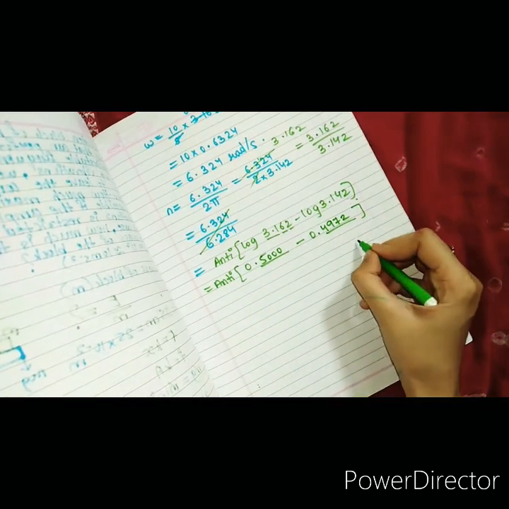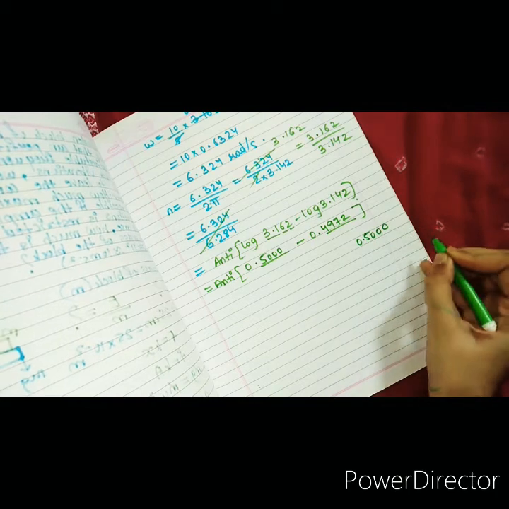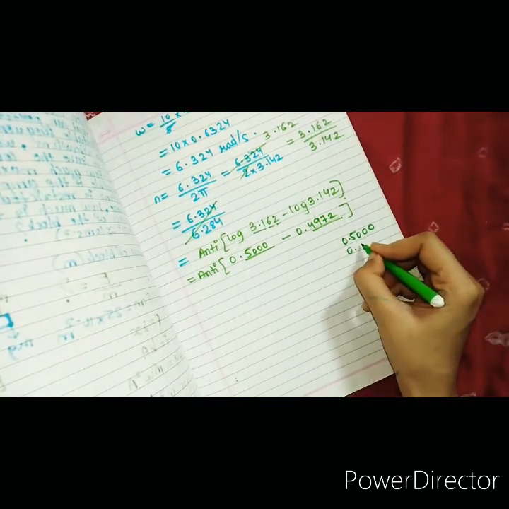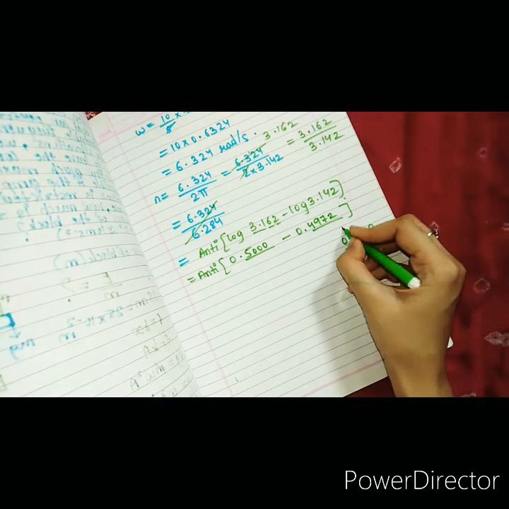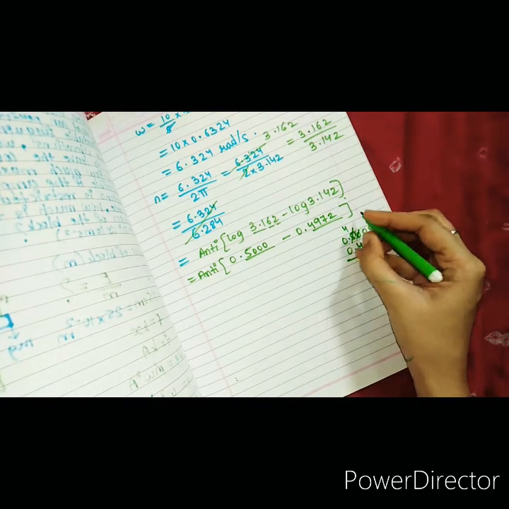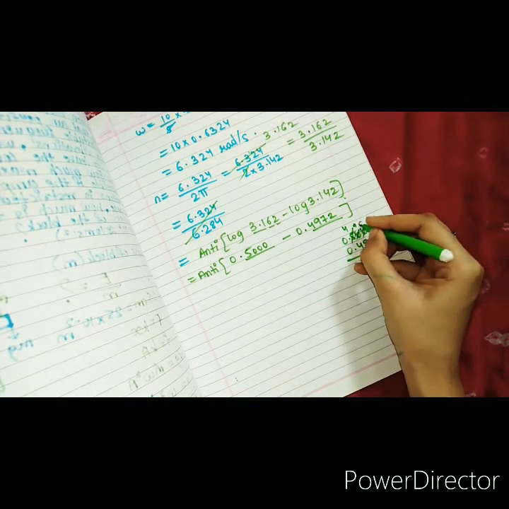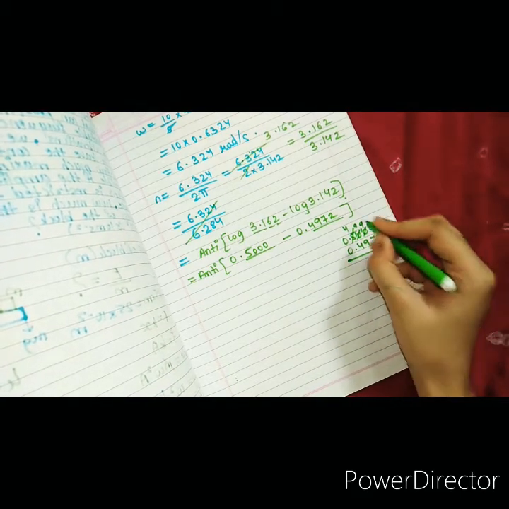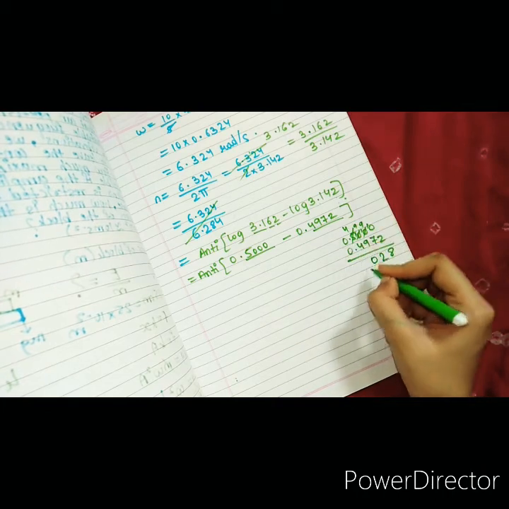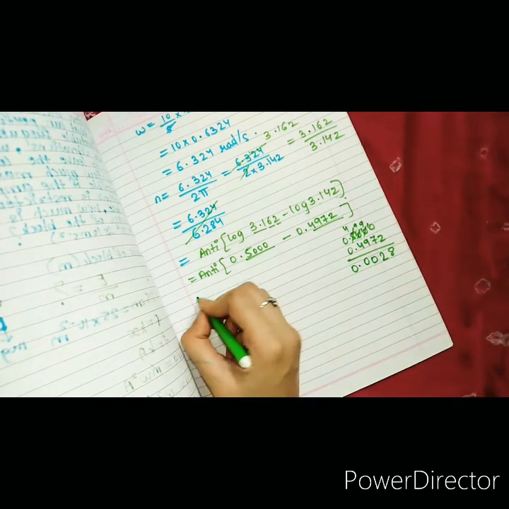Then subtracting, which is difficult from the student's point of view. 4, 10, this becomes 9, 10 minus 2 is 8, 9 minus 7 is 2, 9 minus 9 is 0, 4 minus 4 is 0.